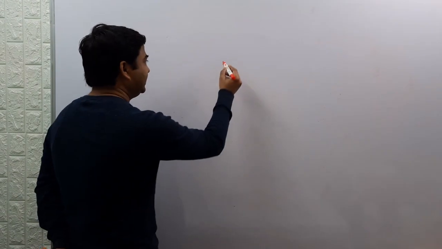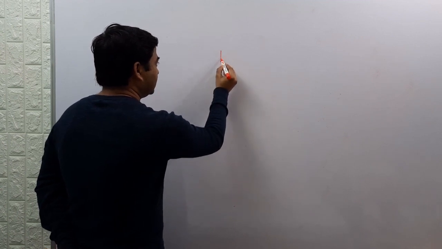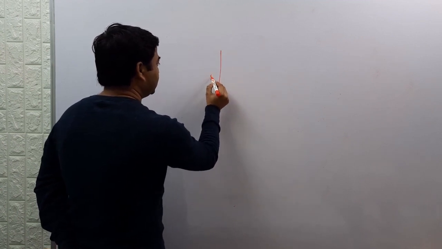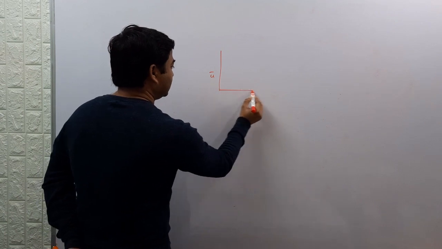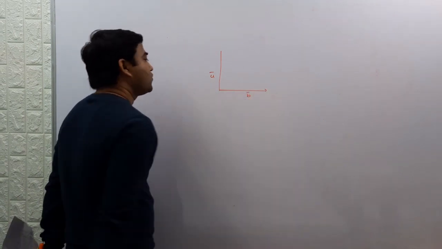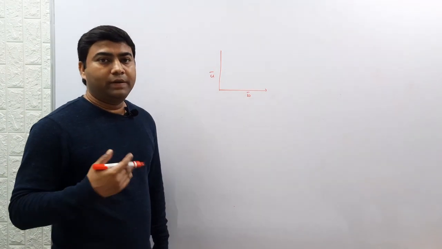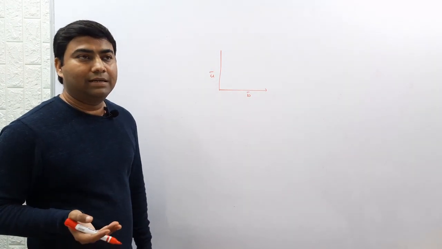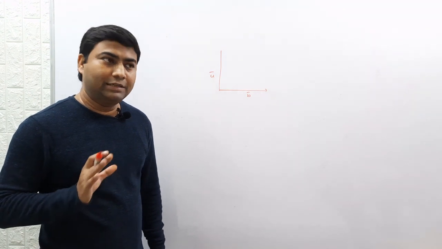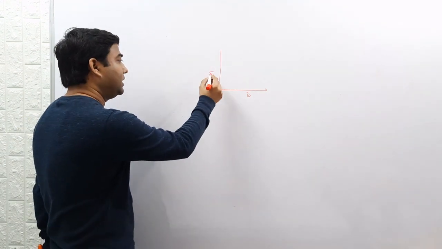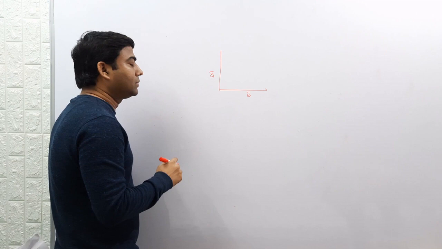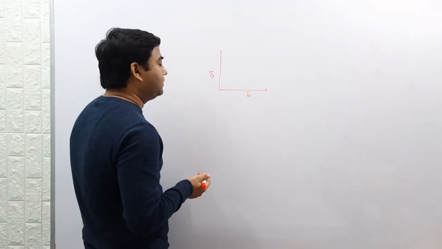So let there be two vectors which are perpendicular to each other, A, B. So we know that the trigonometric formula for perpendicular vectors, for a right angle triangle, is the most simple formula. That's why we will use this formula everywhere in vectors, because this is the most simple formula.